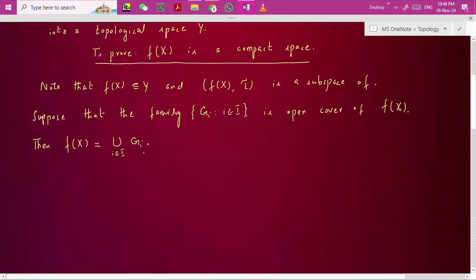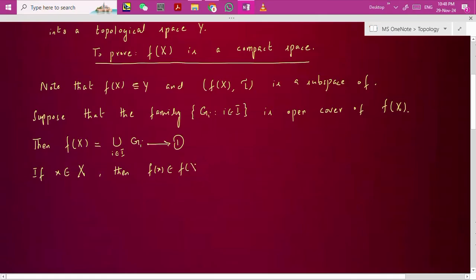Now this can be written as (1): if x belongs to X, then f(x) belongs to f(X).